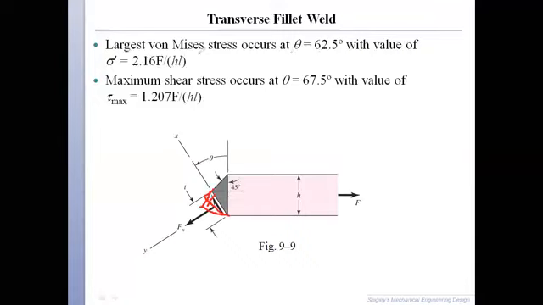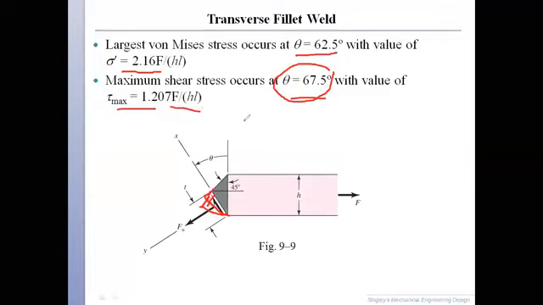So the largest stress would occur at 62.5 degree with a value of 2.16 F over HL. Similarly, the maximum जो हमारे पास shear stress है that occurs at 67.5 degrees with a value of tau equal to 1.207 F over HL.